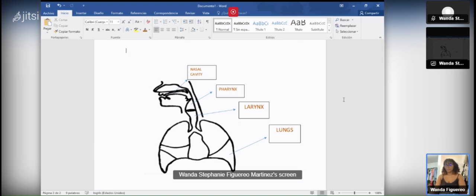The larynx contains the vocal cords, as we can see here, that are also called the vocal folds, that are made of elastic tissue and that are capable of movement. So the larynx also plays an important role in the initiation of the glottalic airstream mechanism.